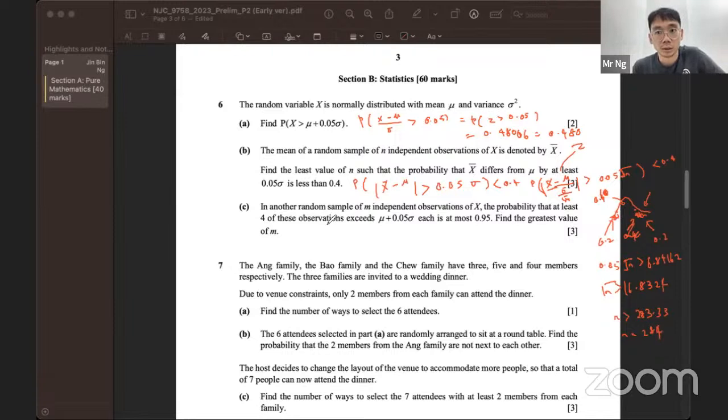Okay, after that, in another random sample, we'll find the probability that from this observation.